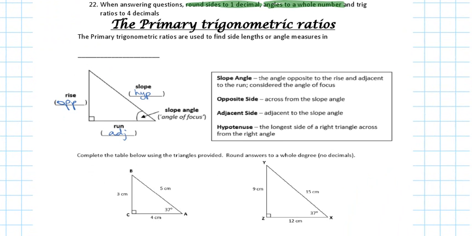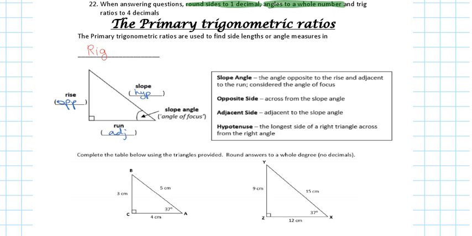Okay? So, sine, cosine, and tan. The primary trig ratios are used to find side length or angle measure in right triangles only.